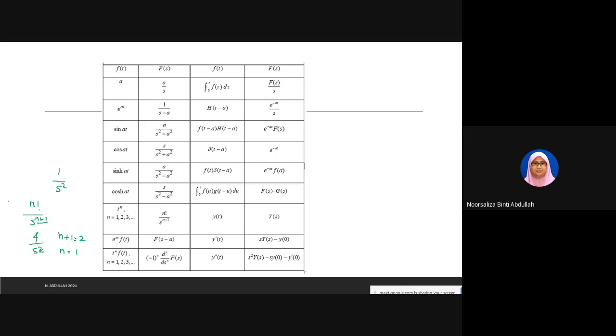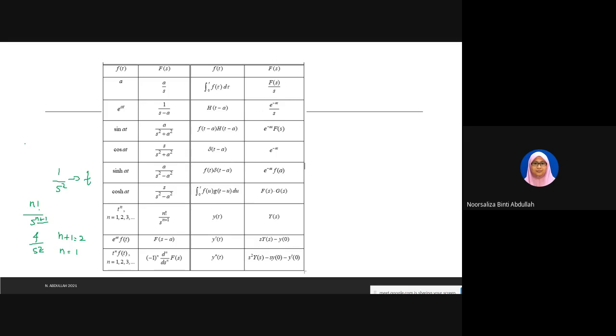So 1 over s squared is actually t to the power n. n is 1, so just t.